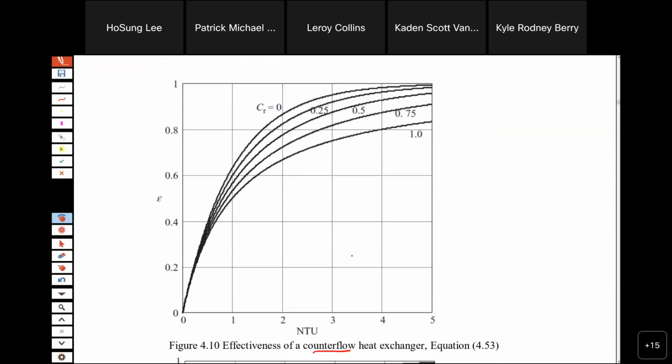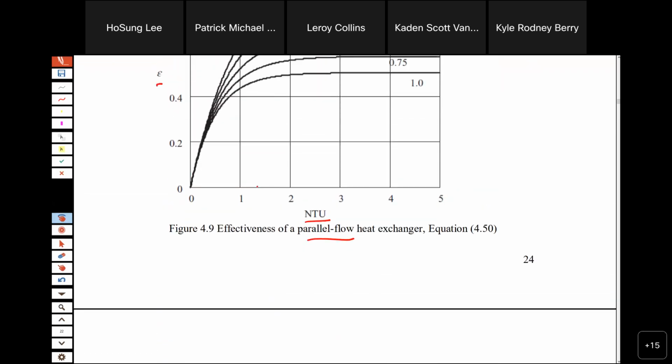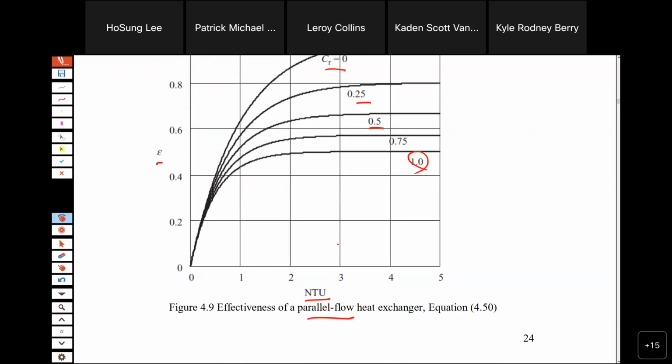Come on. Counterflow. Yes, counterflow is more. Look at that. NTU of 3 is about 0.7. For parallel flow, NTU of 3 is 0.5, obviously. So counterflow is better.